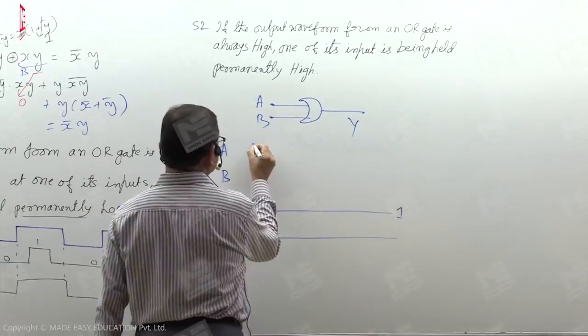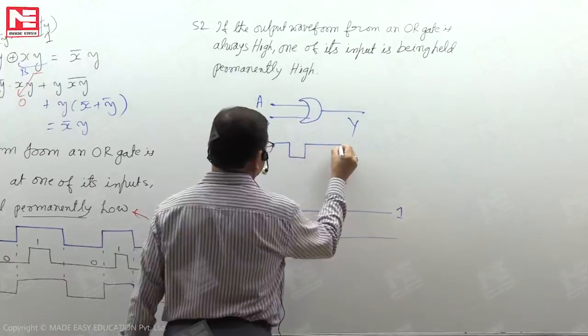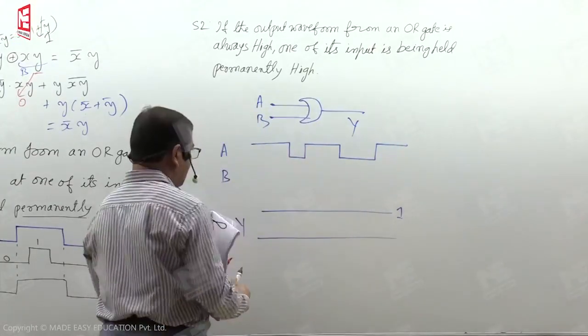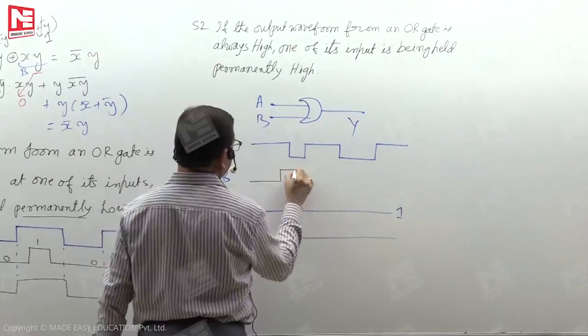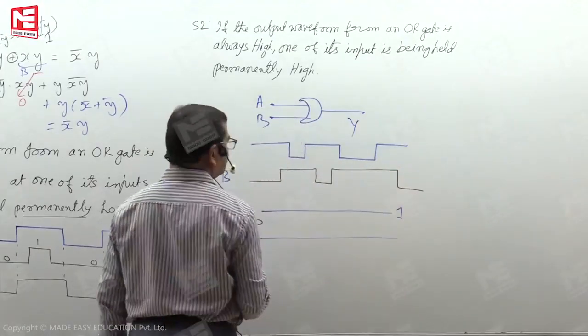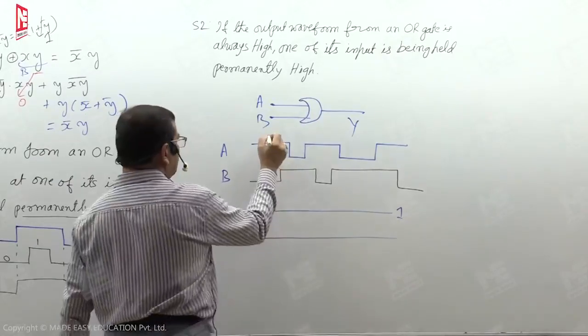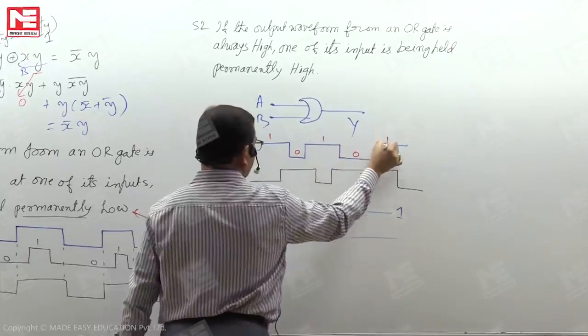But we can see here, suppose one of its inputs A is like this, and the B input is like this. So what I am looking at is that either the A or B input, any one of the inputs is not permanently 1.